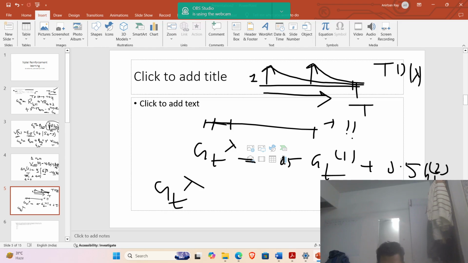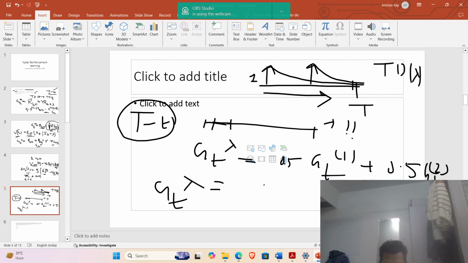So for multiple steps, that was T minus t steps for us. These are the total number of time steps that you have here, and so this many actions were taken.